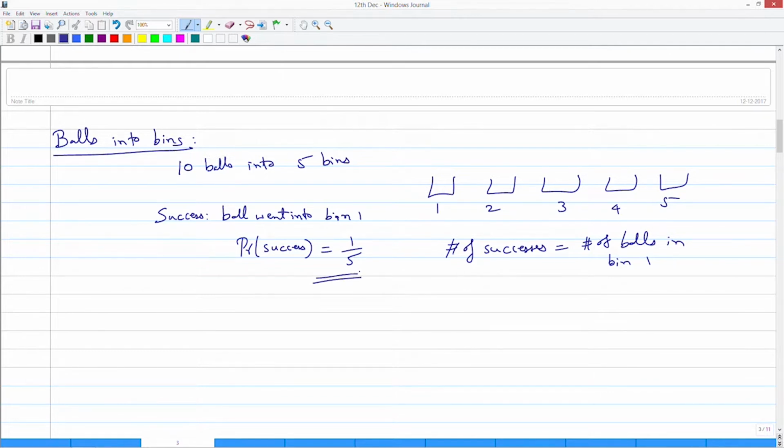So, if you were to count the number of balls in bin 1, you once again have a binomial model with p, the probability of success, being 1 by 5.